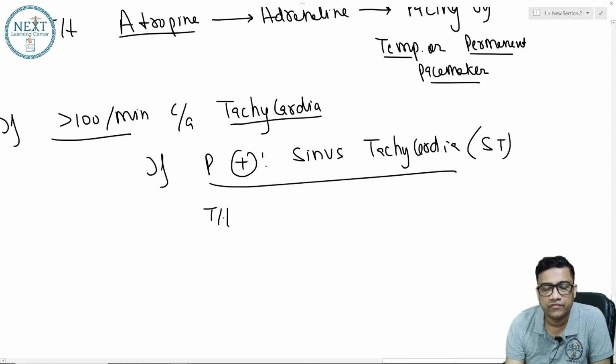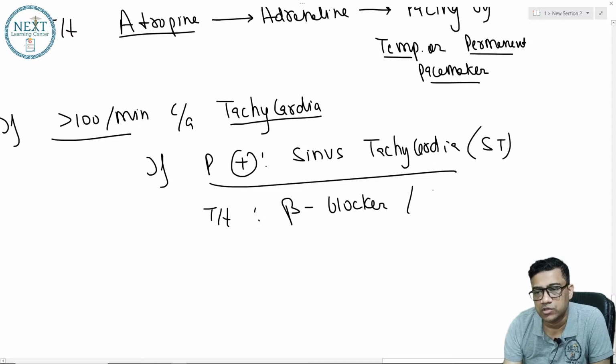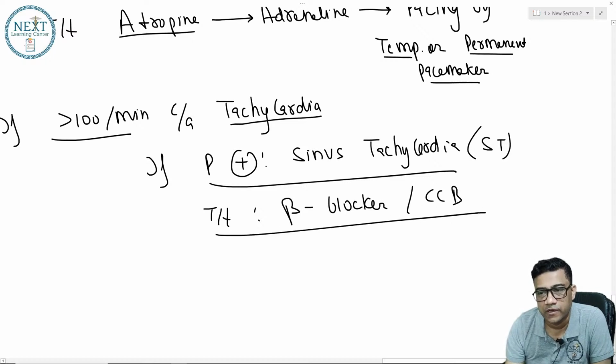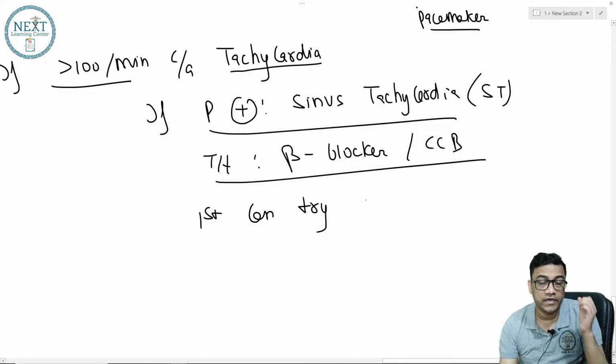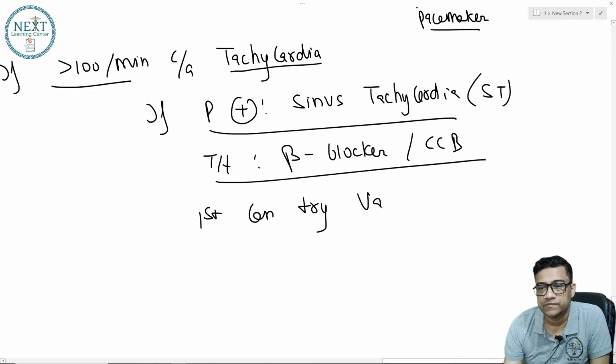Treatment is we give beta blockers or CCB. And first we can try vagal maneuvers.